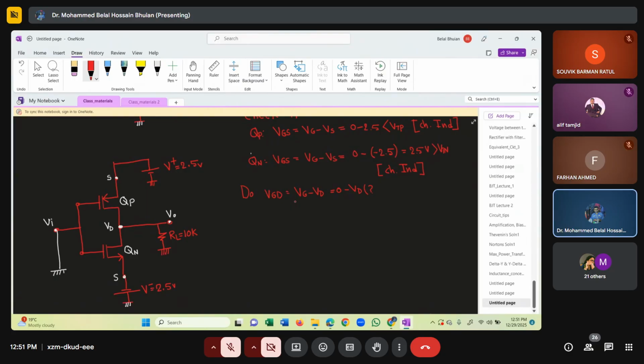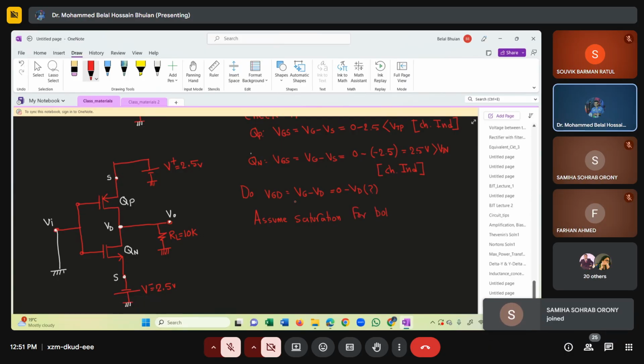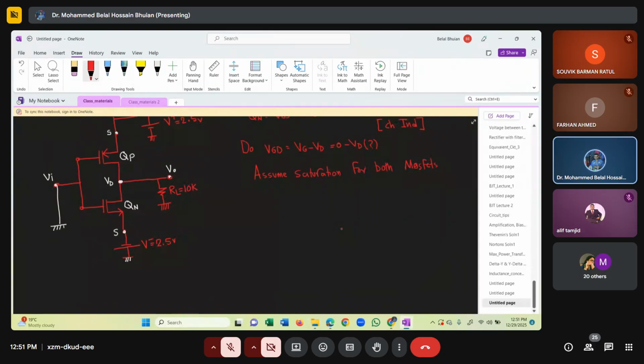So in that case, I'm going to assume saturation for both MOSFETs. Let's do it for Q1.